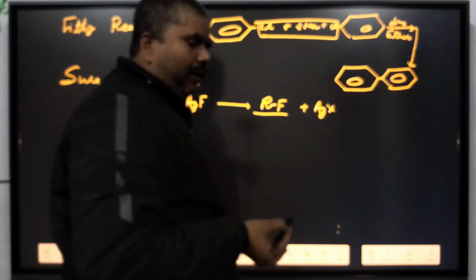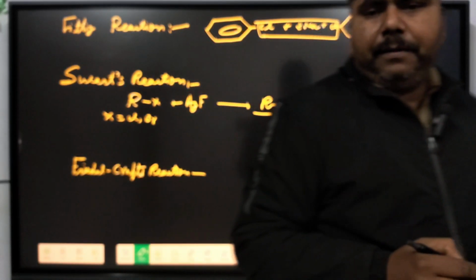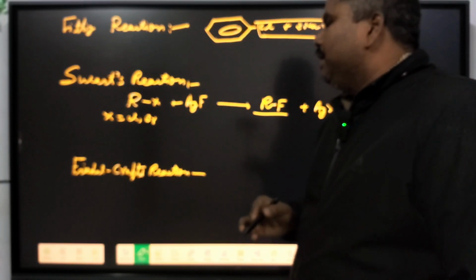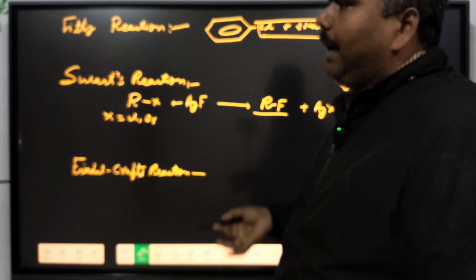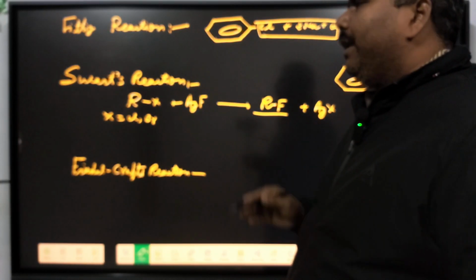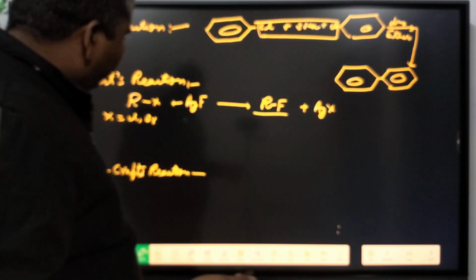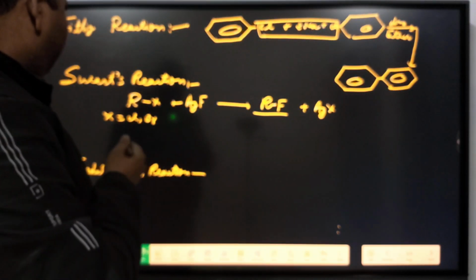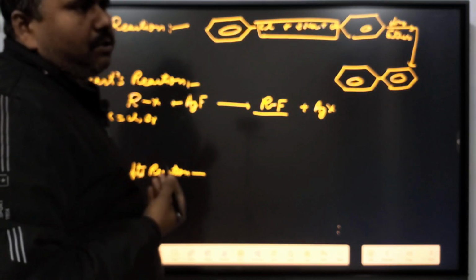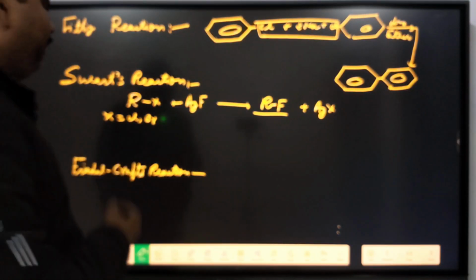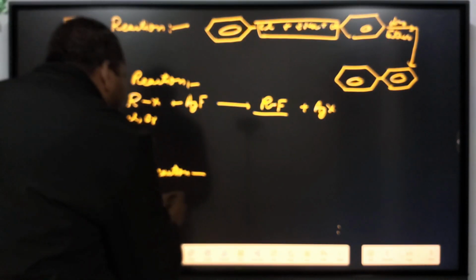If the alkyl group enters the benzene ring, then the reaction is known as Friedel-Crafts alkylation. Or if the acyl group like methyl ketone group enters the benzene ring, the reaction is known as Friedel-Crafts acylation.